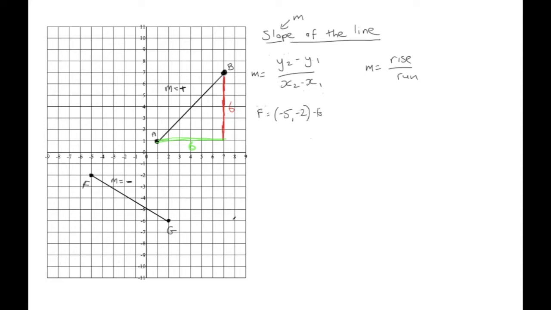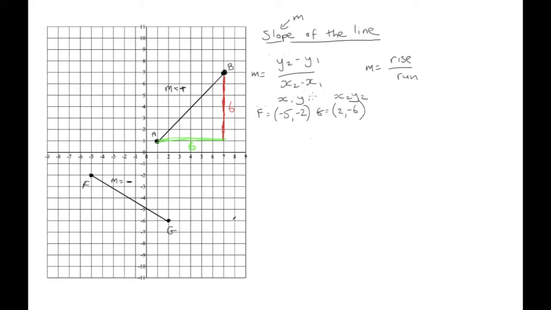And G is at 2 on the x-axis and minus 6. 2 and minus 6. So we'll label our coordinates again, x and y, and this is the first set, and this is the second set.